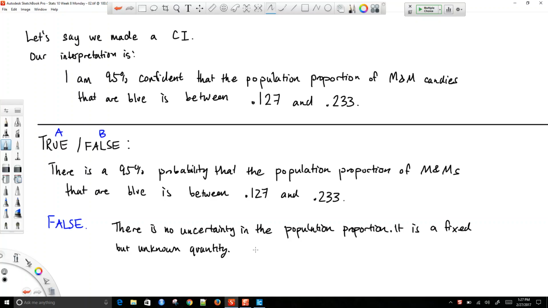Because there's no uncertainty, we cannot talk about probability. Because it's unknown, we talk about confidence.